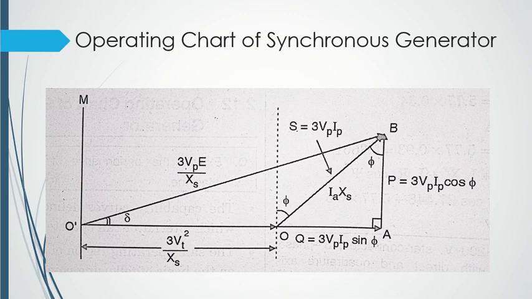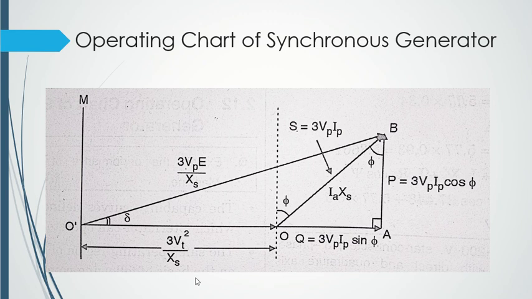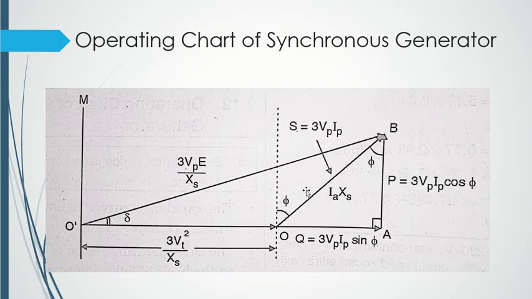So we already had the load voltage and we multiplied it with 3V divided by Xs. So what did we get? We got 3V square divided by Xs, because voltage was already here. And the same thing will happen with all the other quantities. We had only EMF here, then we multiplied it with 3Vp divided by Xs, right? Here we had Ia into Xs and we got 3Vp into Ip.